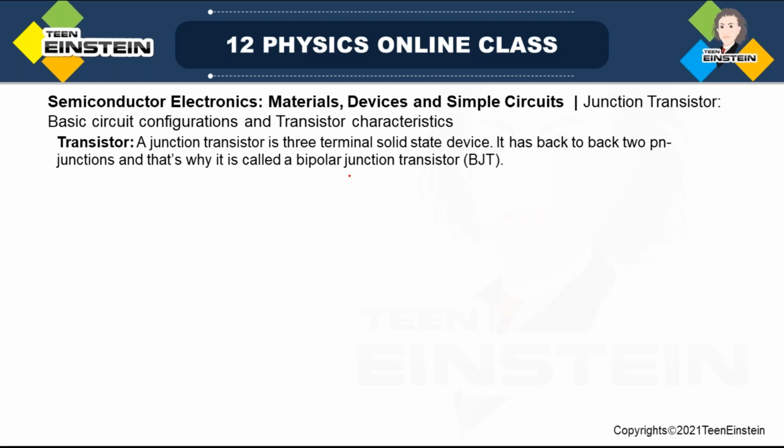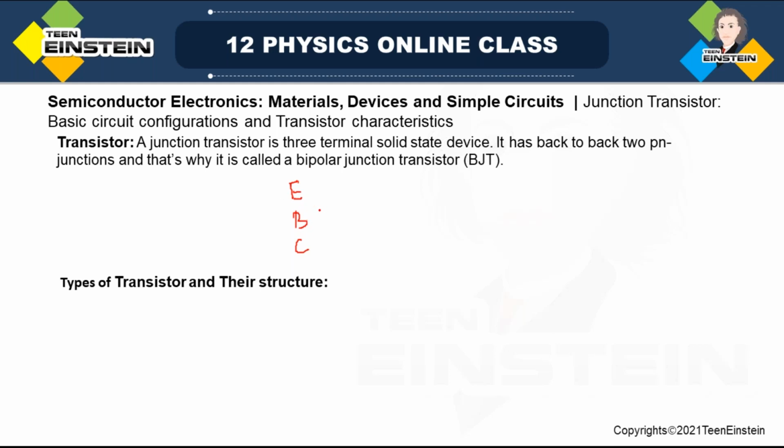Before I go to that, I'll just recap a little bit about the transistor whatever we had learned in the last class. So we know this is a three-terminal, solid state device. The terminals are emitter, then base and collector, EBC. The emitter will supply the charge carriers, majority charge carriers, for the transistor operation.